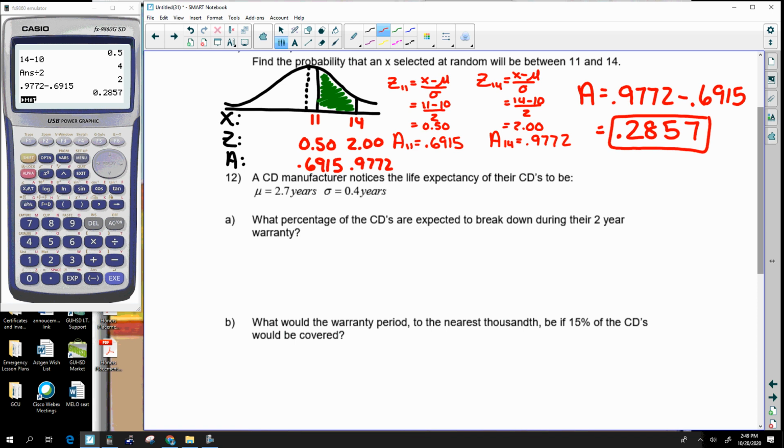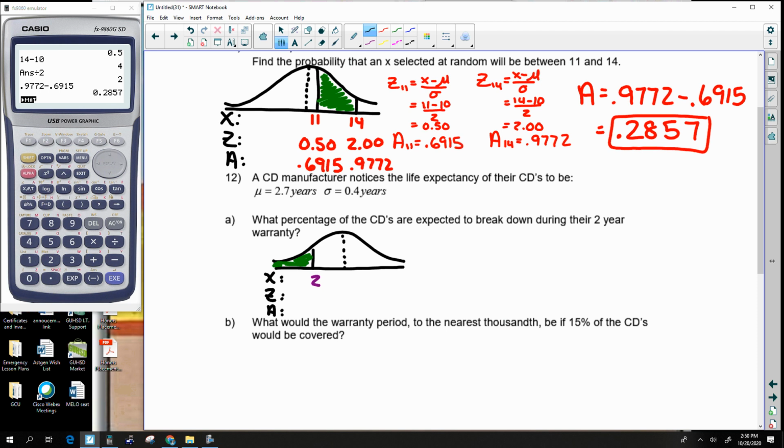And then we get into warranties and things like that. Warranties are typically areas to the left. So here we go. We have an average of 2.7, standard deviation 0.4. And in this situation, we have a 2-year warranty. So the warranty is going to be covering anything that doesn't make it up to 2 years. So 2 years is the X in this situation.